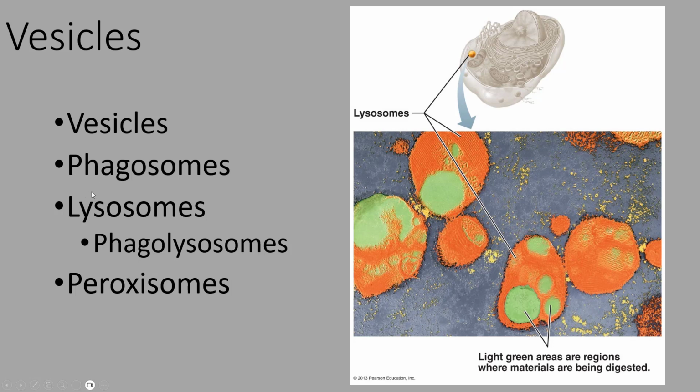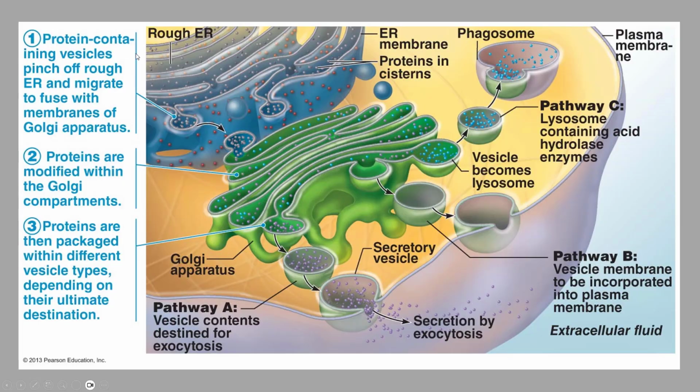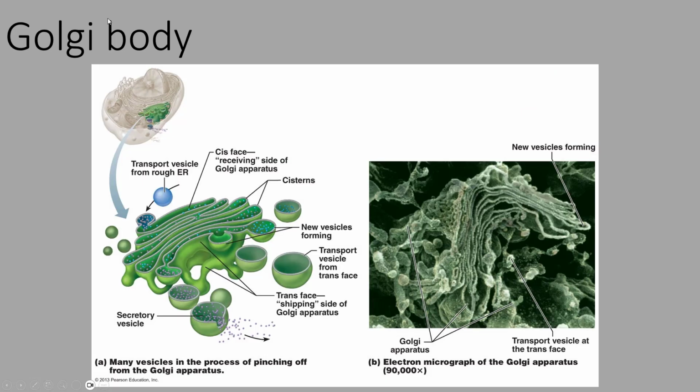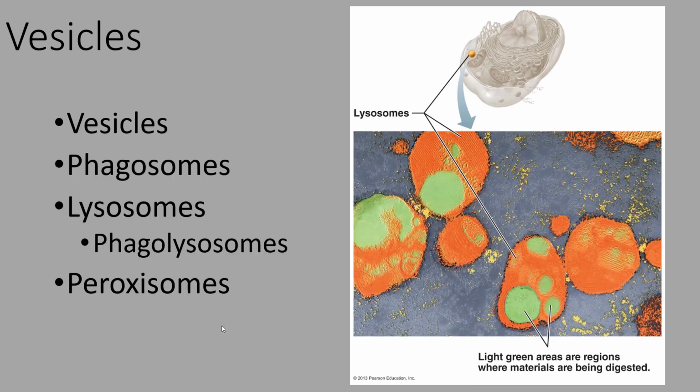Another type of vesicle, one that was made using this method from the rough ER to the Golgi, and now as a finalized protein in a secretory vesicle, is called a lysosome. I like to say lysosomes are kind of like the stomach of the cell.